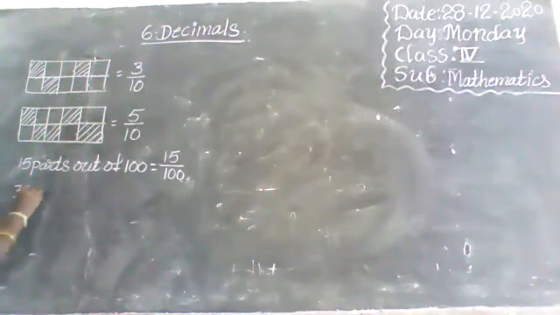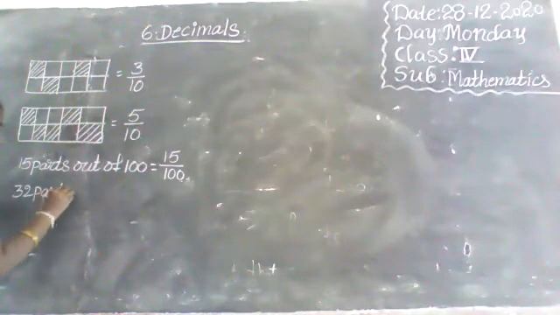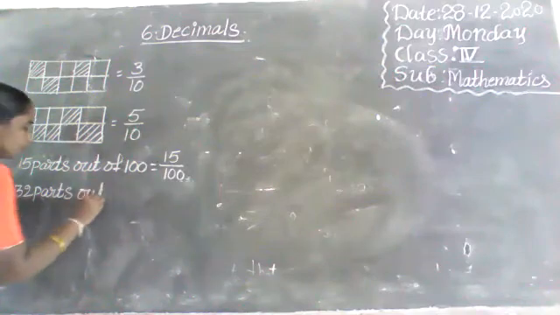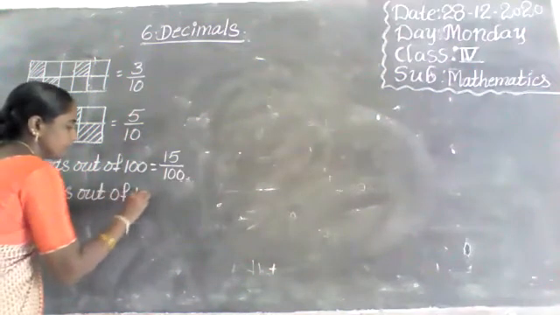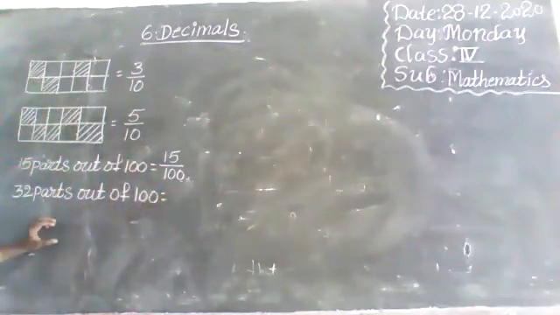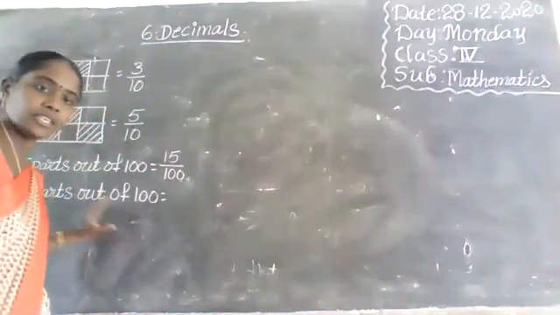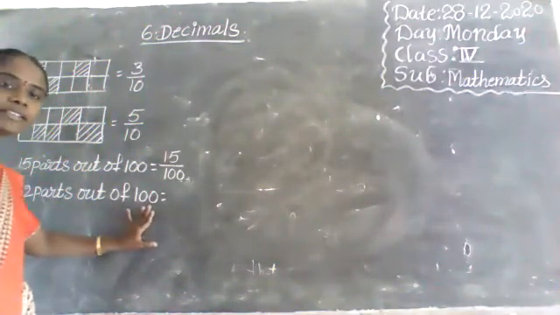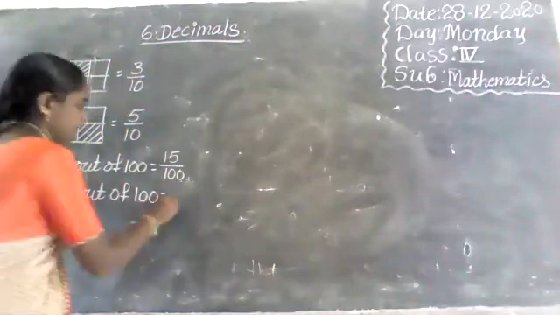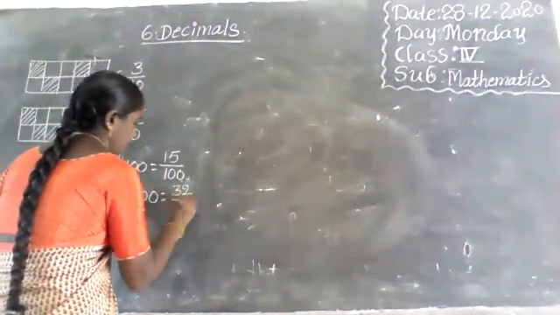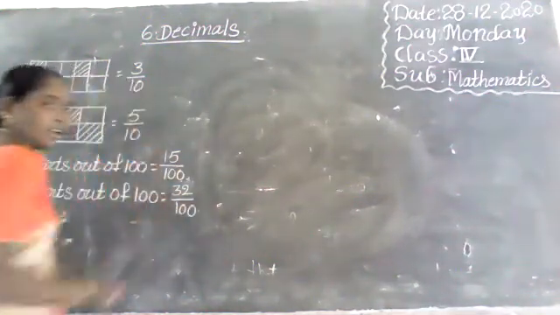Next, 32 parts out of 100. How can we write the fraction form? Yes, 32 by 100.